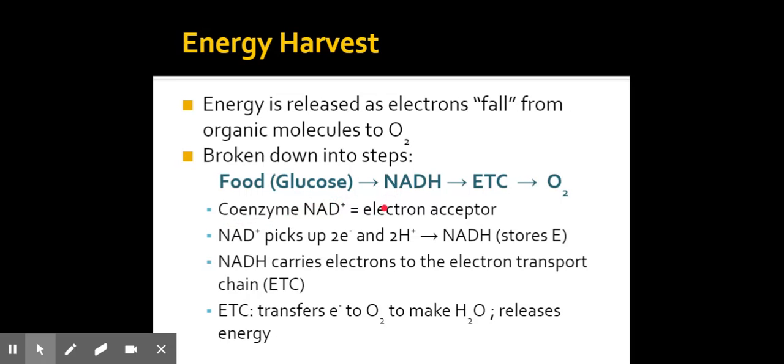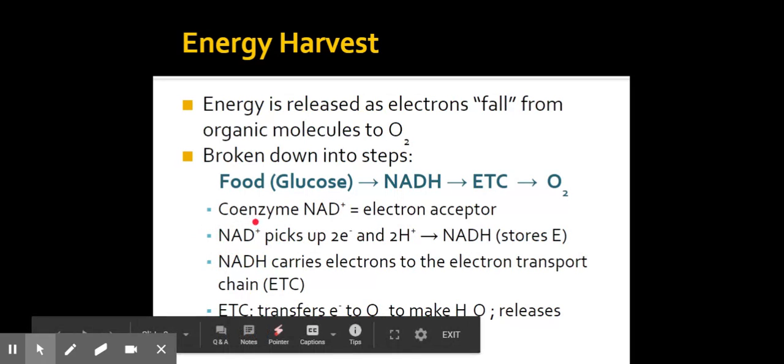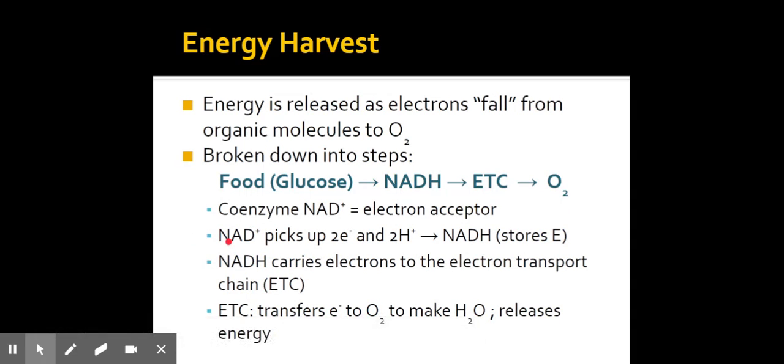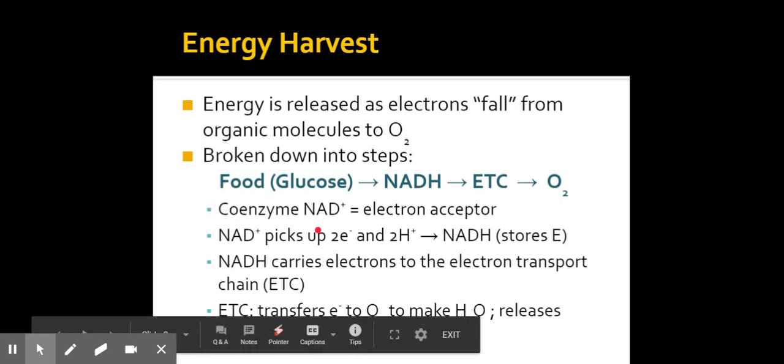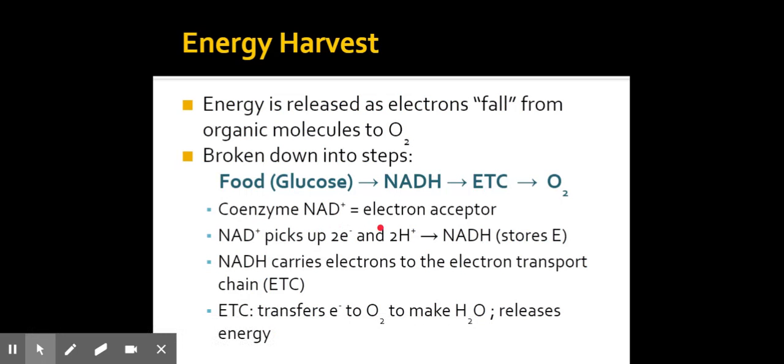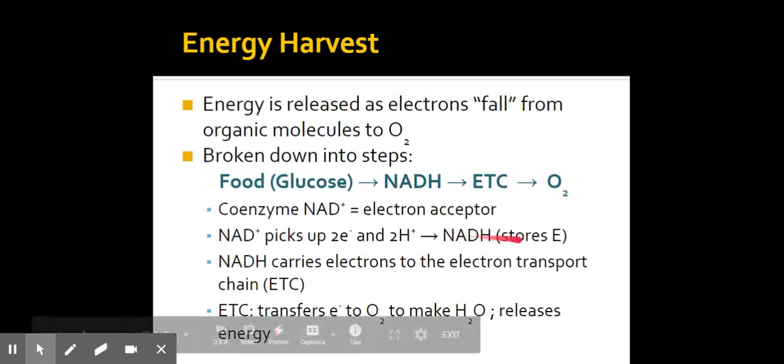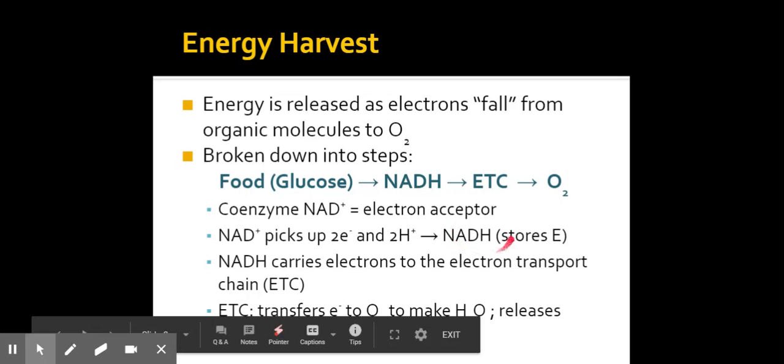Okay. So that NAD plus coenzyme is going to pick up and deliver those electrons and hydrogen ions from our glucose, and it's going to oxidize it and then store it in those bonds, and it'll be a molecule now known as NADH.